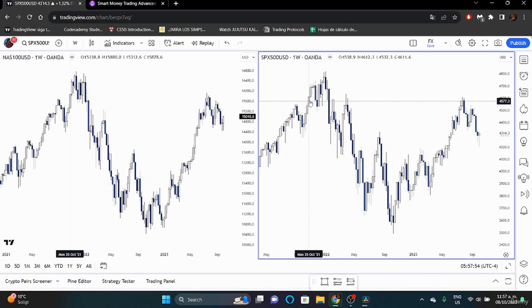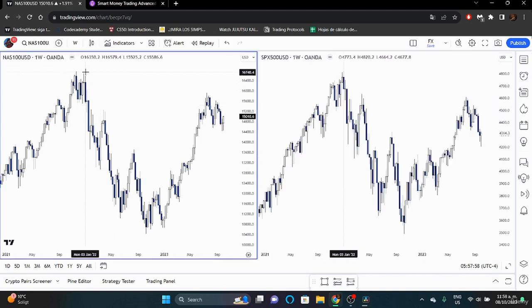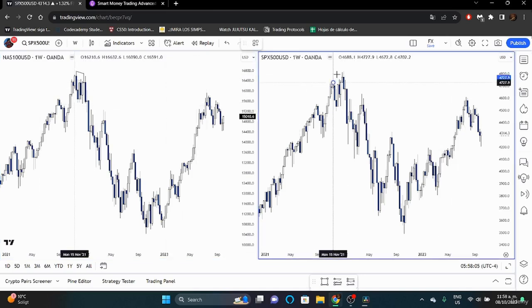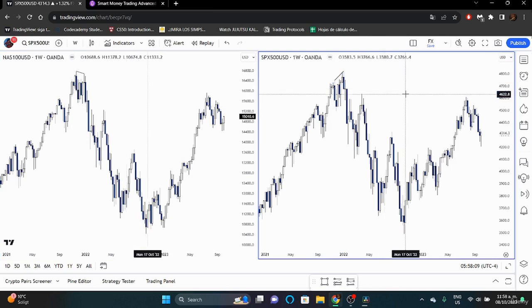Oh, ooh la la. Divergence right here. Lower high, higher high. Right? Can we see this market? Are they not extremely correlated? I'm looking at them, they're literally the same market.